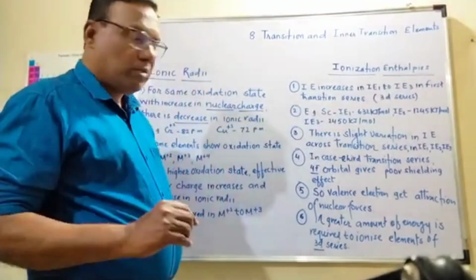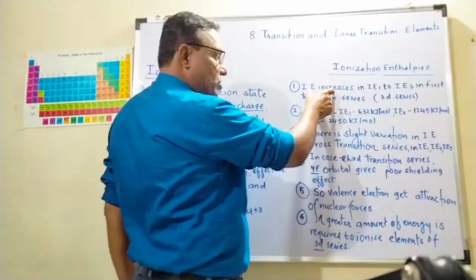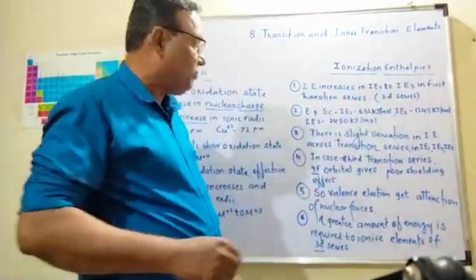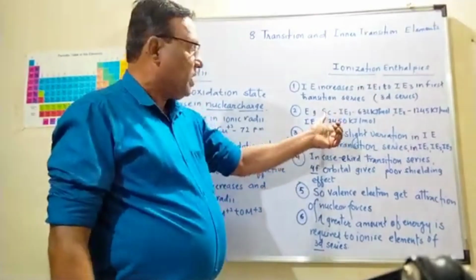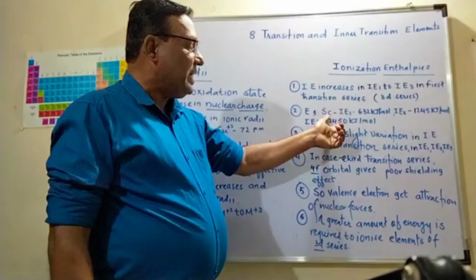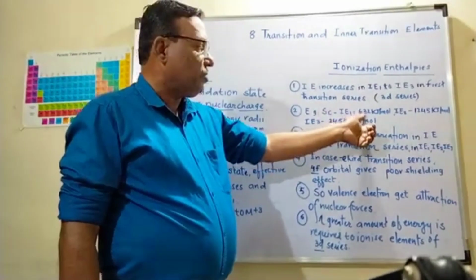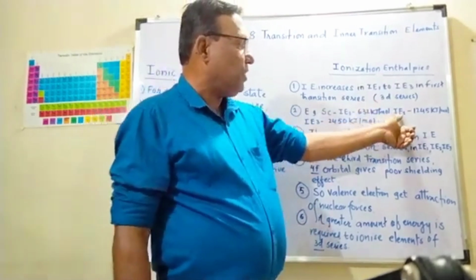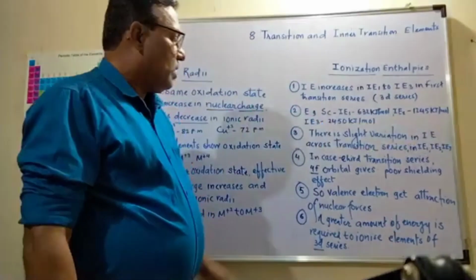Point number second: when we talk about ionization energy increasing in the 3D series, we have to give some solid examples related to the 3D series. Scandium: ionization enthalpy 1, IE1, is 632 kJ per mole. Ionization enthalpy 2 in scandium is 1245 kJ per mole.